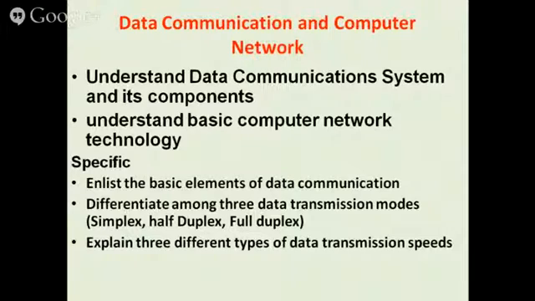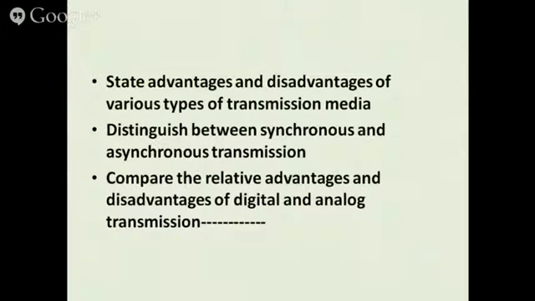And you see beneath that, for the first general objective, enlist the basic elements of data communication. So at the end of the unit of instruction, student will be able to enlist the basic elements of data communication. Differentiate among 3 data transmission modes, that is simplex, half duplex and full duplex. Then third is explain 3 different types of data transmission speeds.